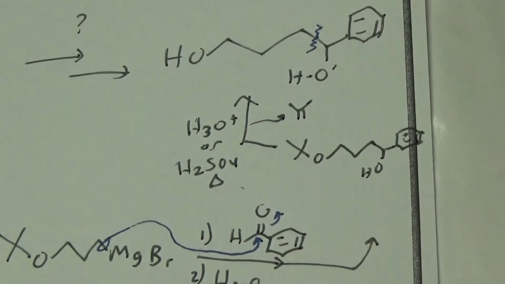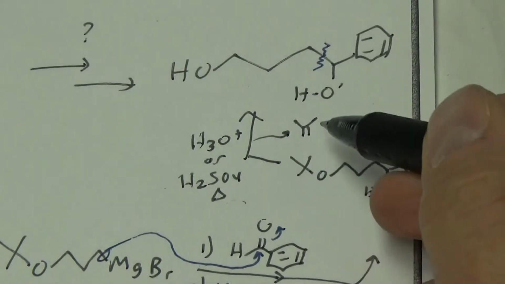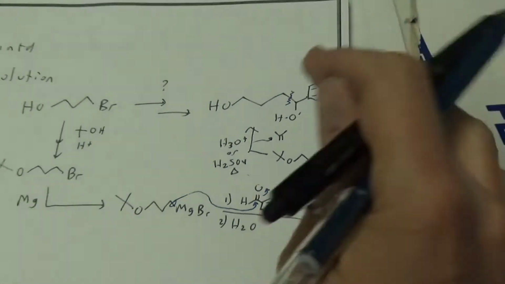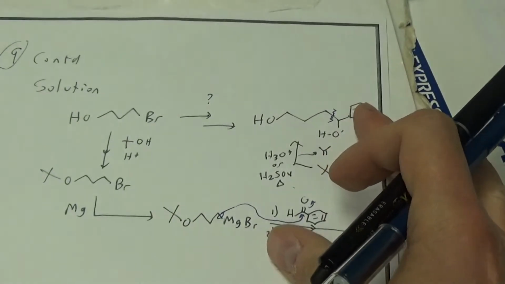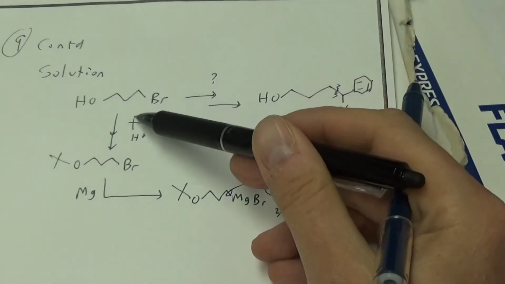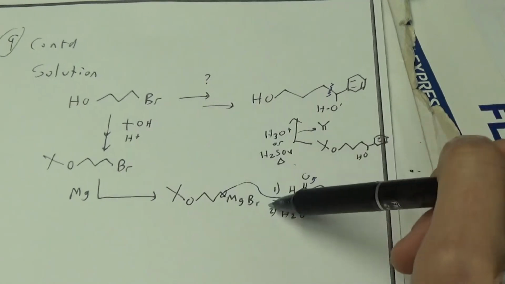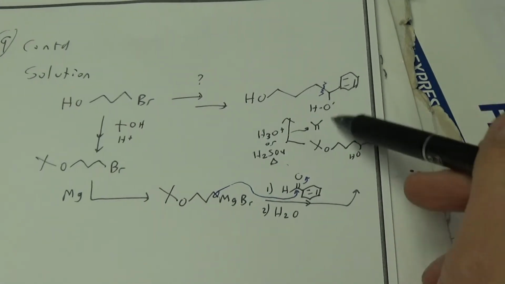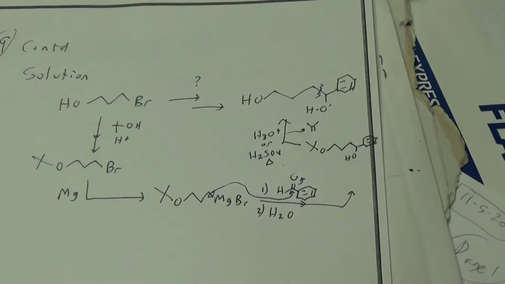Isobutylene, which is the gas, right? So this whole thing falls off as isobutylene, which is the gas. Okay, and then we get this product. So that's the overall synthesis. All we have to do is install the tert-butyl ether, do the Grignard, take off the tert-butyl ether, and we're done. Okay.